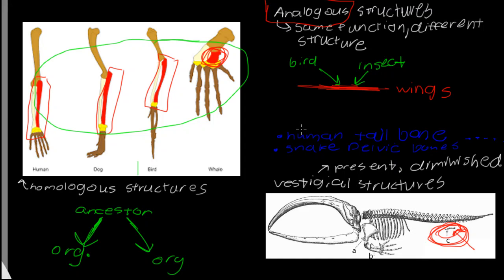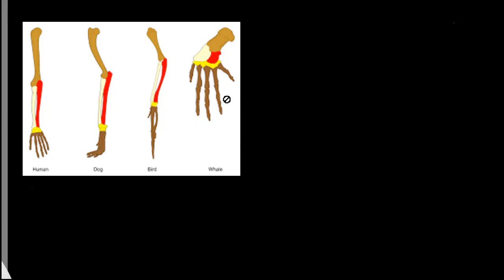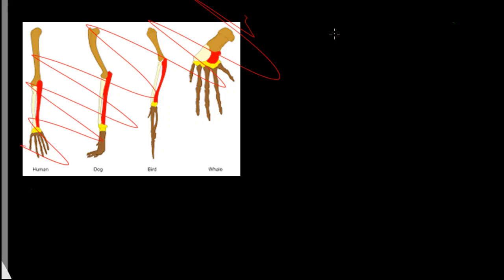Now, there's also another part of this comparative anatomy, which I can show here. So let me take out this so we have a little bit more room. Let's not focus on this graph. I'm going to show you something else. So embryonic homologies.